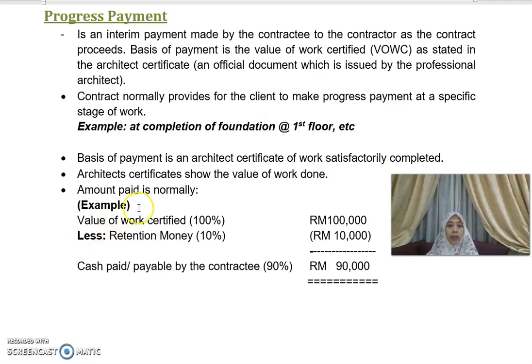For example, the amount based on the value of work certified is 100,000, and then you retain a certain amount that you have not yet paid, another 10% of it. In this case 10,000, that is known as the retention money. So cash paid or payable by the contractee is 90,000.